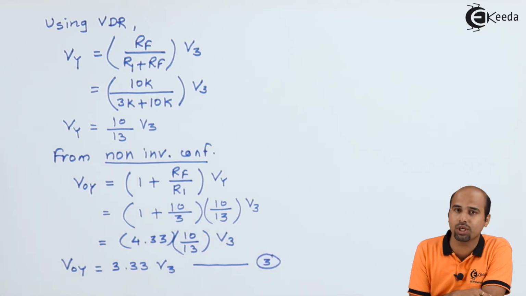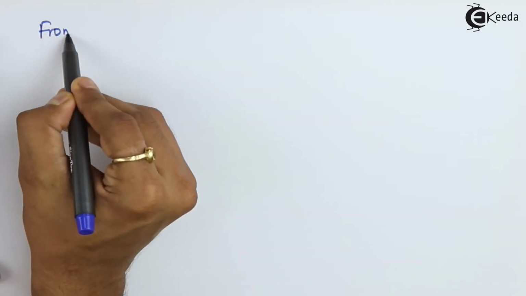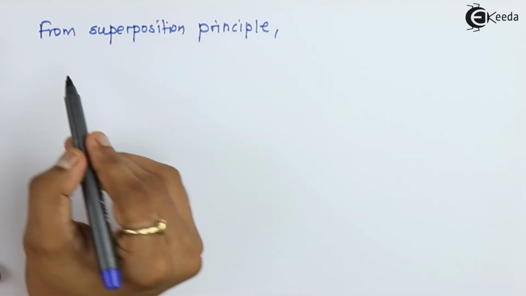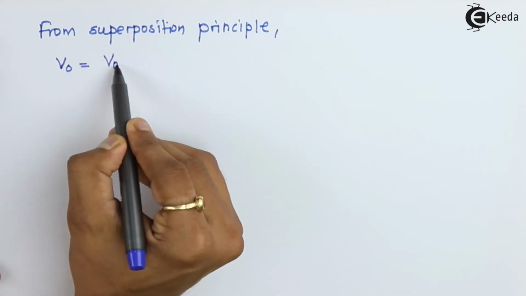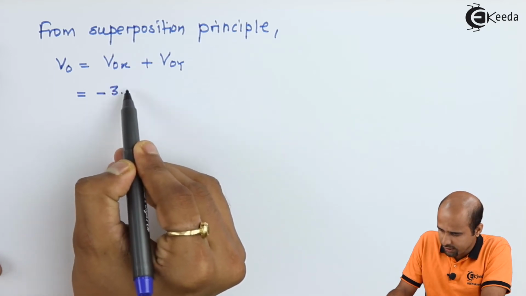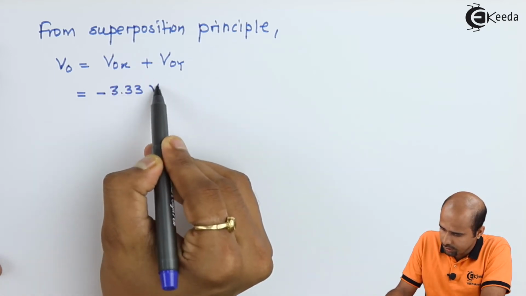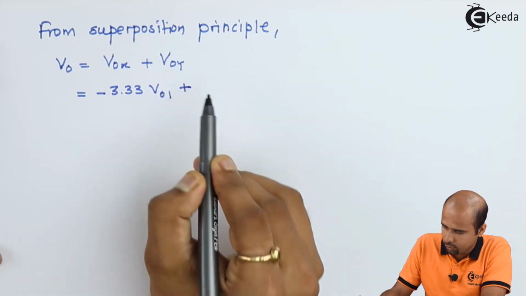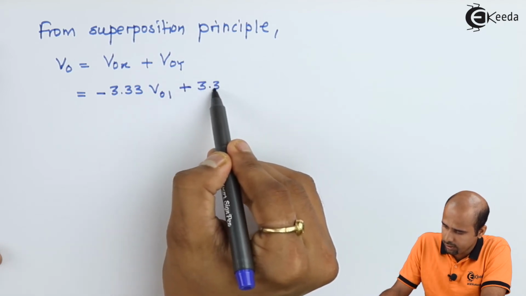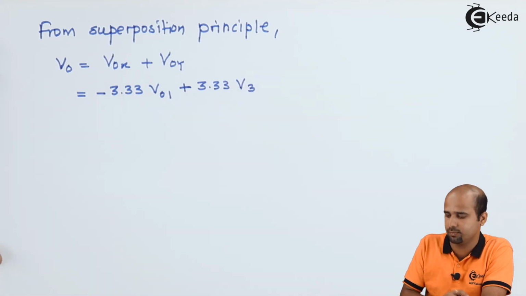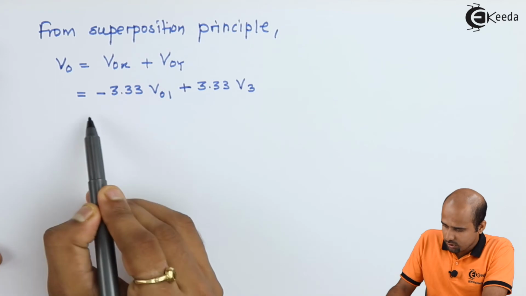We will club equation number 2 and equation number 3 to get the final output. VOX was minus 3.33 into VO1 and VOY is again 3.33 into V3. I will make use of equation number 1.